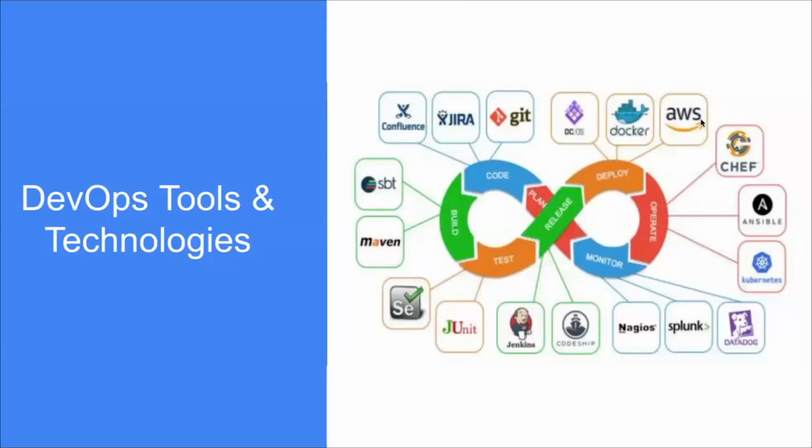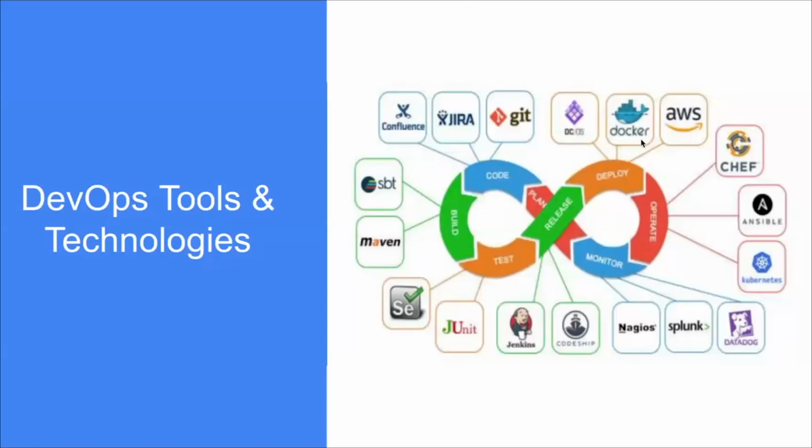Then as a DevOps engineer, you might be creating the servers. So you might have to use the cloud for leveraging the servers. Or if you are not on the cloud, then you might have an idea about on-prem technology or a data center if you are running on-prem servers.